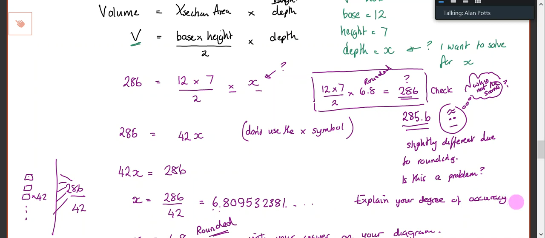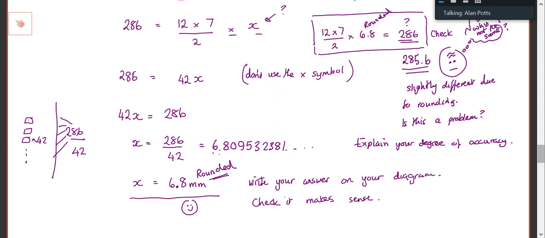Now we have rounded this number to a level of accuracy that seemed appropriate. So we've rounded to 1 decimal place. Do we need a number all of these decimals long? Well, the answer is 6.8, and the important thing here is millimeters. It's only millimeters. Would any of you be able to measure 0.8 of a millimeter, let alone any of these values? Okay.